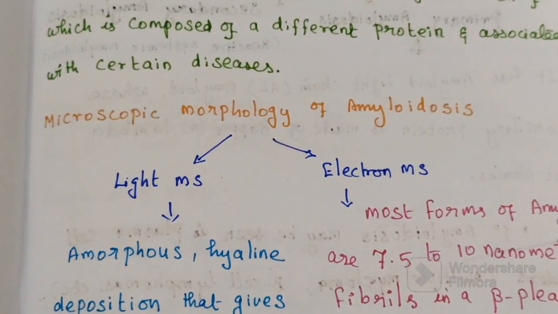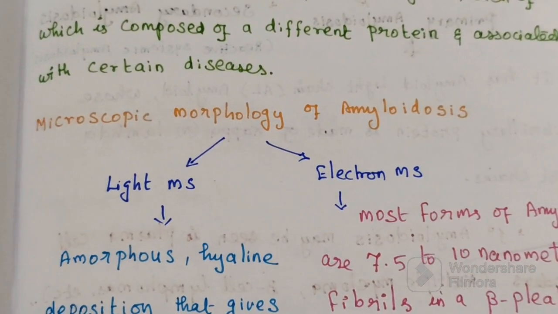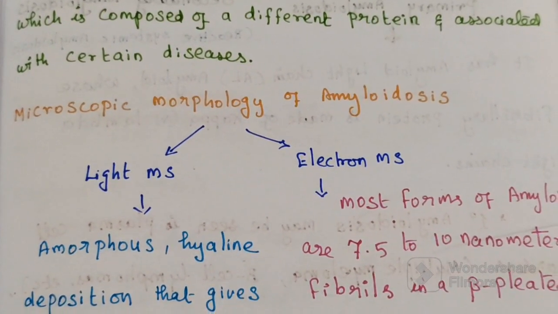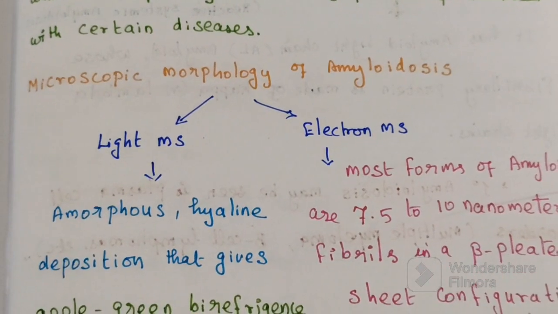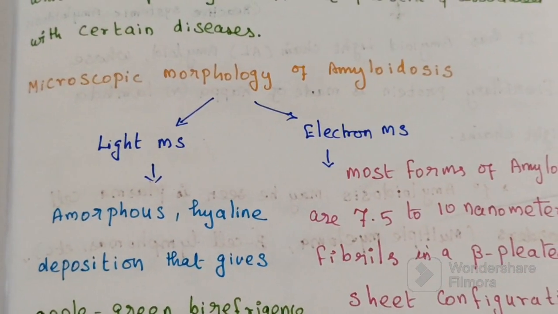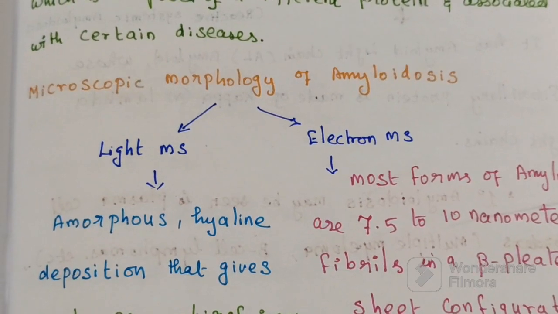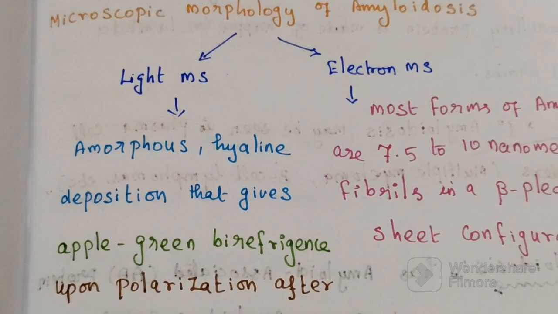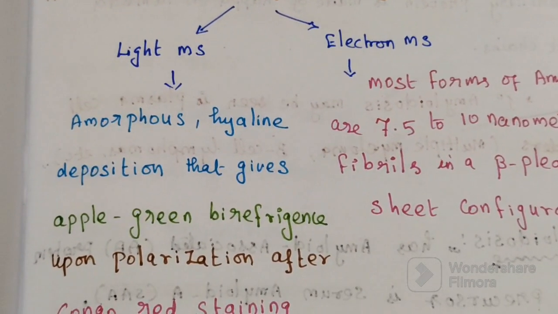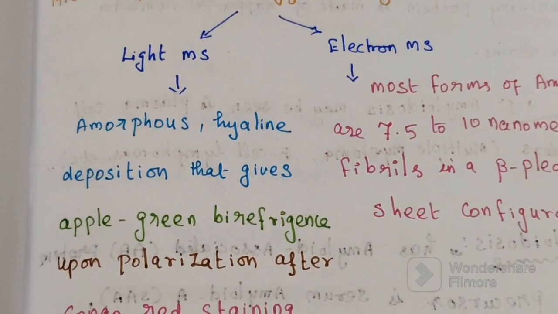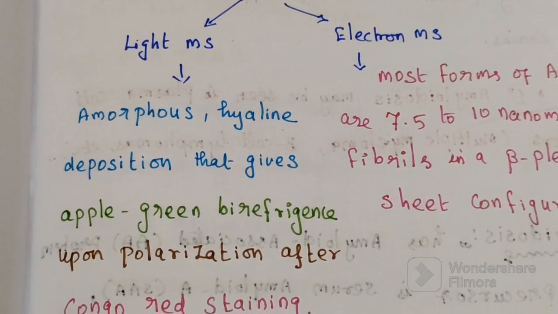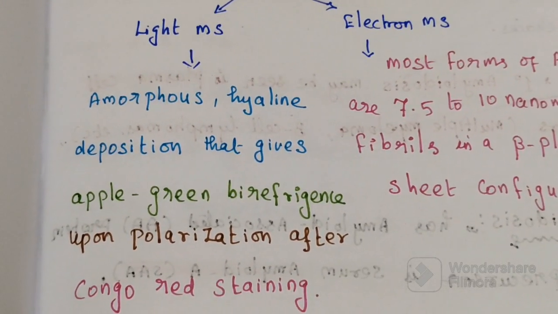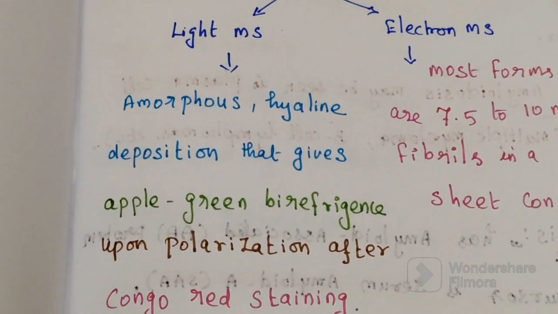Microscopic morphology of amyloidosis: under the light microscope we can find amorphous hyaline deposits that give apple green birefringence upon polarization after Congo red staining.